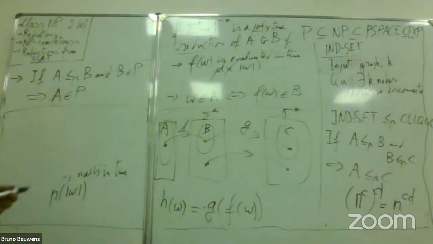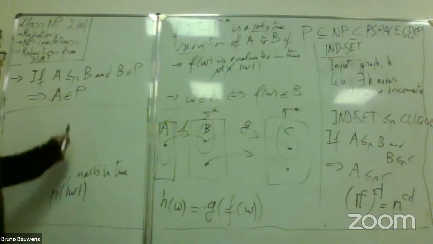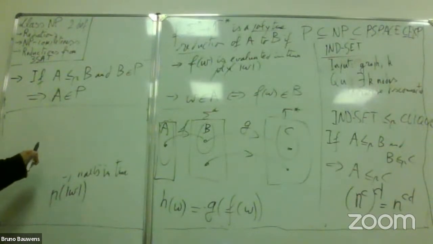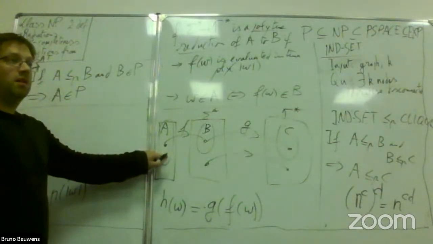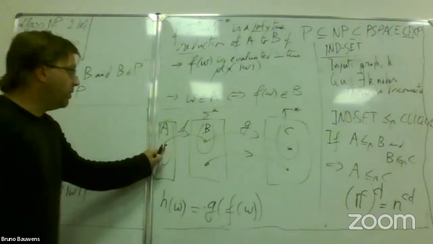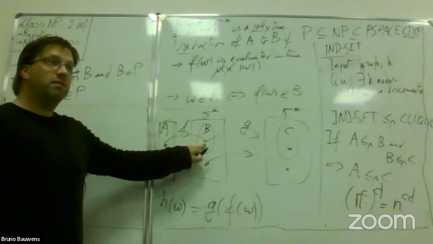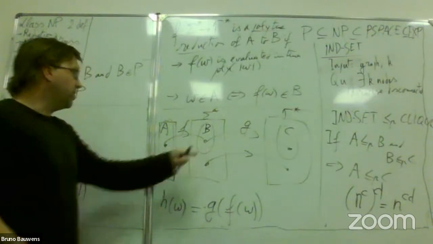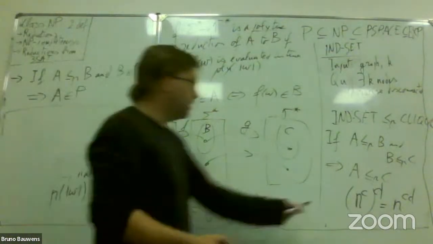So why is this true? We want to know whether a certain input of A is in the language, yes or no. What do we do? We evaluate the reduction and run the decider of B. For the runtime of the combined procedure we have a similar trick.